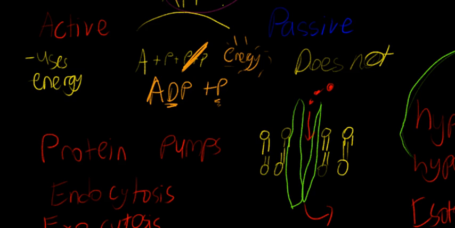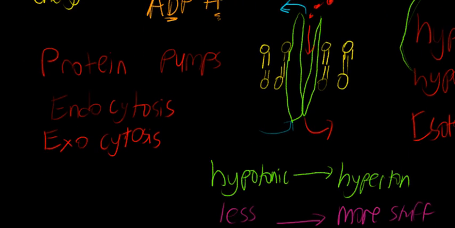This process can happen in reverse too. If there's less over here, then we can force them up here. So this process can happen either way. It's always going from where it's less concentrated to where there's more concentration.